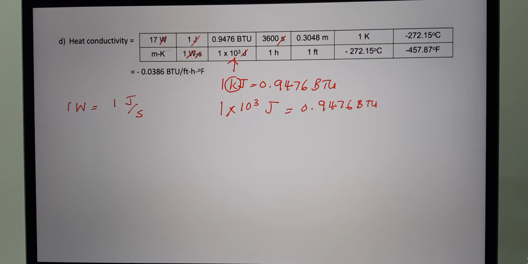For the meter, the value given is per meter Kelvin, so it is at the bottom. So when we convert, the meter should be at the top. It is 0.3048 meter per 1 feet. There is no square here, so you should not square the value 0.3048. So this meter and meter can be cancelled out.